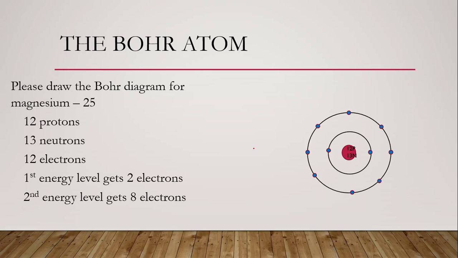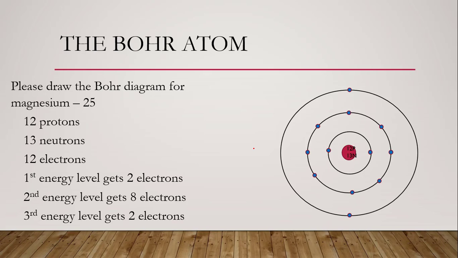And so we have now placed 10 electrons. There are 2 electrons left, so they have to go into the third energy level. So the third energy level gets its 2 electrons, and we can now see that this is the proper Bohr diagram for magnesium. And if you're asked about the valence electrons, you'd say there are 2.